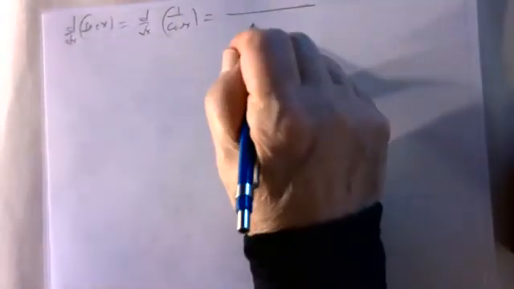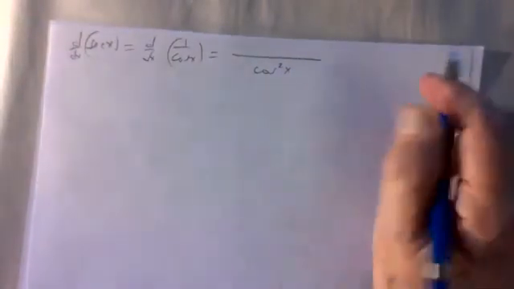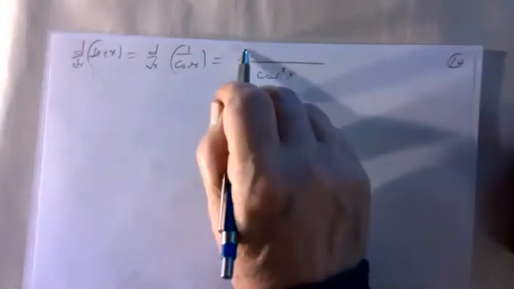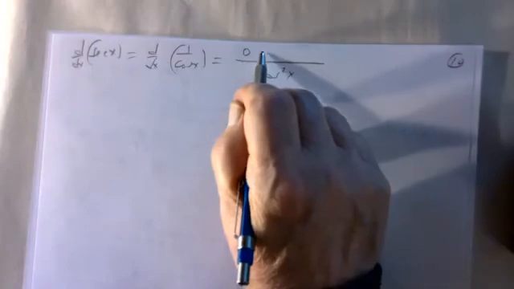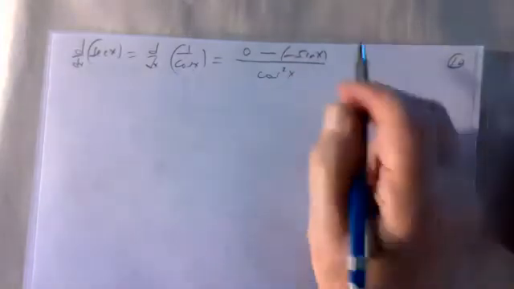What about the secant? What's the derivative of the secant of x? Well, the secant is 1 over the cosine. If you differentiate using the quotient rule, you get cosine squared x in the denominator. In the numerator, you get the derivative of 1, which is 0 times the cosine, 0, minus the derivative of the cosine, which is minus the sine.